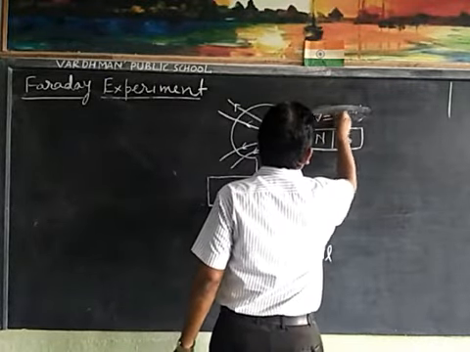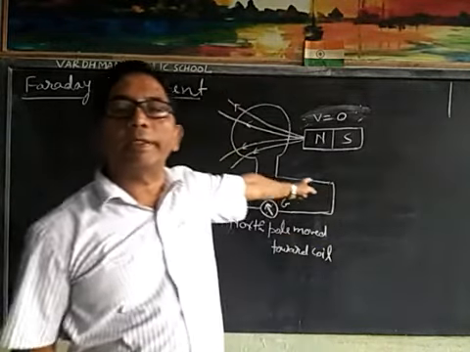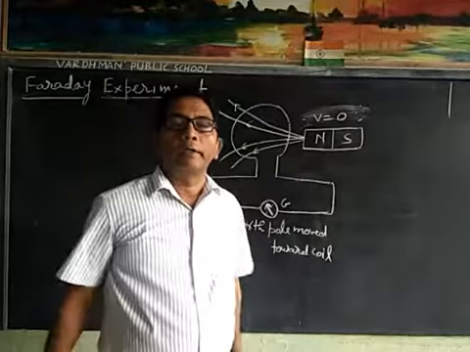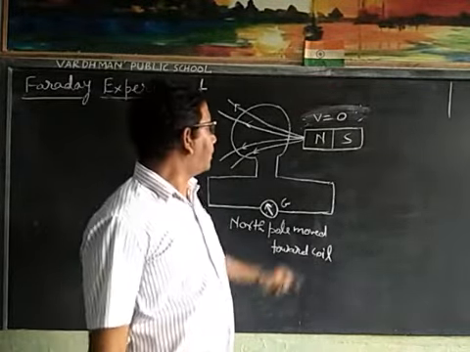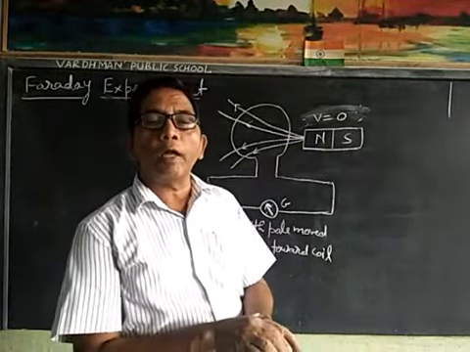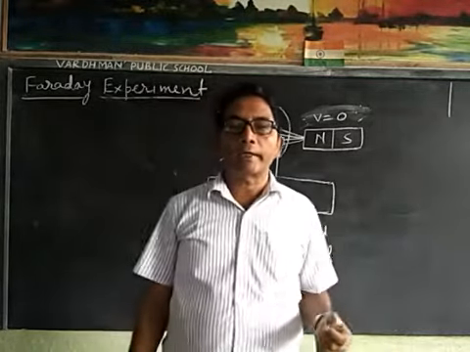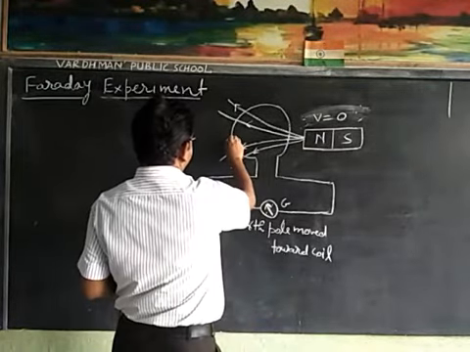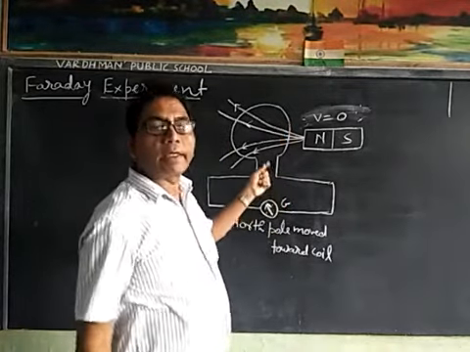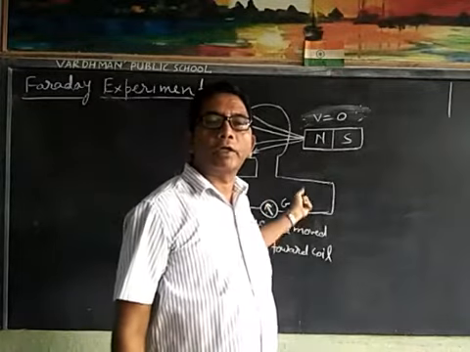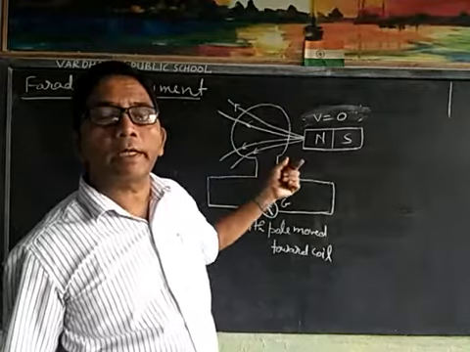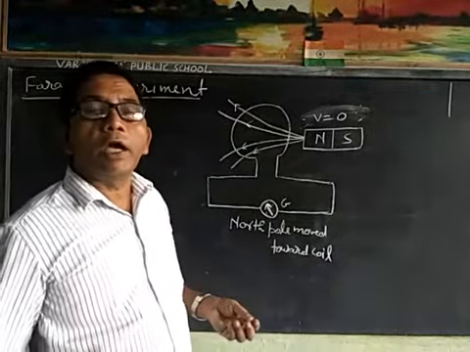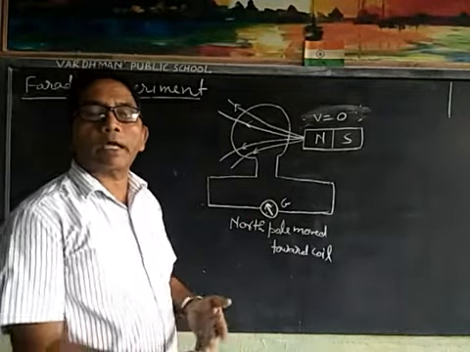If the above experiment is repeated by bringing the south pole of the magnet towards or away from the coil, the direction of current in the coil is opposite to that obtained in the case of the north pole. This diagram was anti-clockwise, and in the second case the diagram was clockwise.